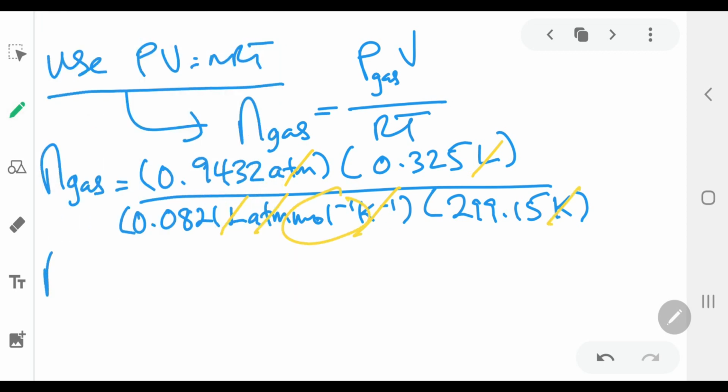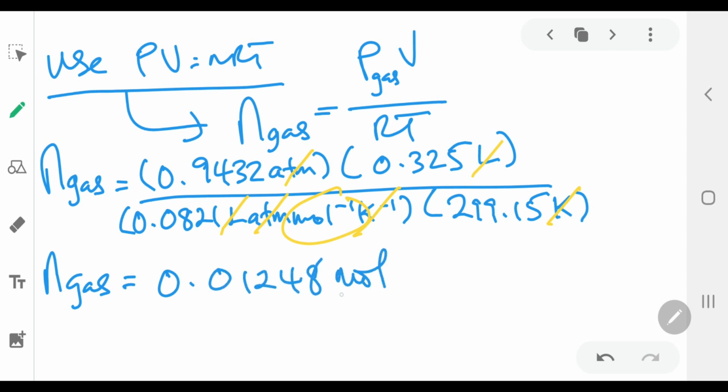So the number of mole of the gas should be around 0.01248 mole. That is very important for you to get.